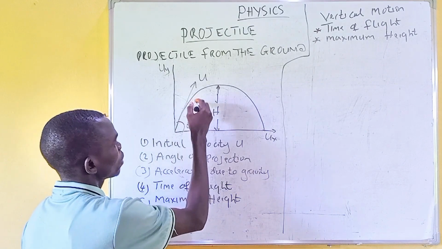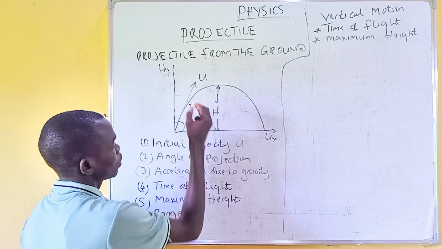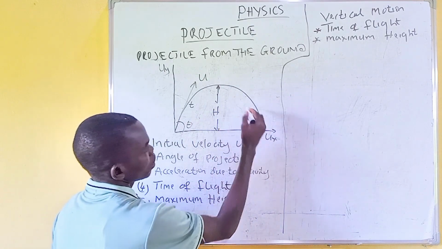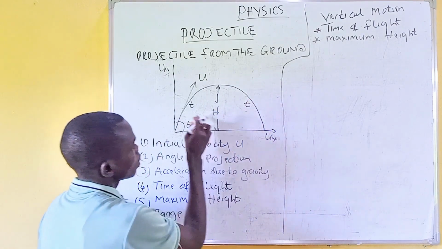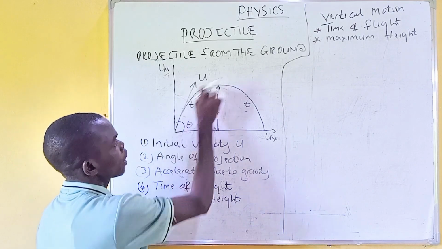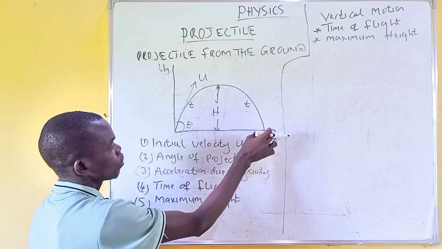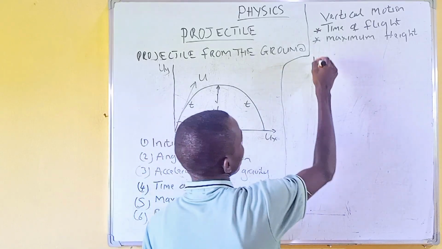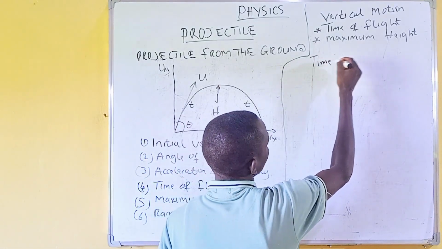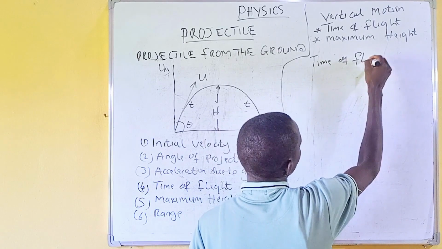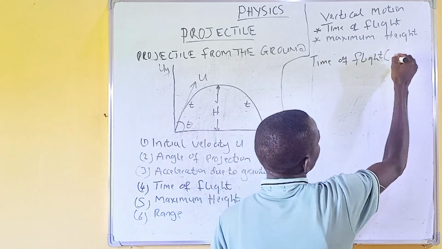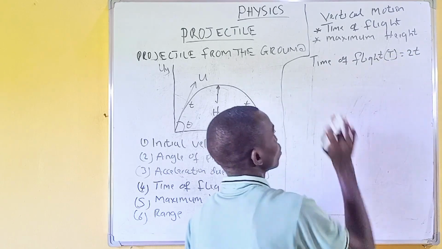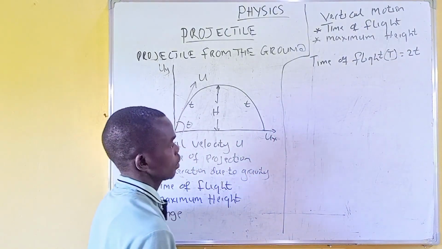Let's consider the time to reach the maximum height as t, and the time to return to the ground state as t. Since the time to reach the maximum height and the time to return to the same level of projection are the same, our time of flight will now be 2 times the time to reach the maximum height.